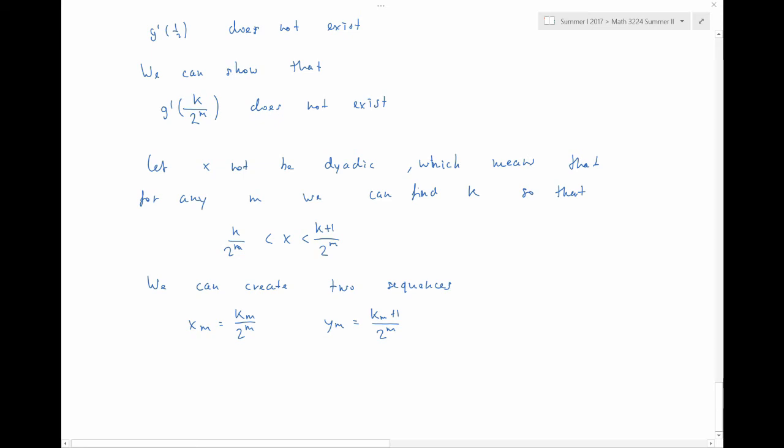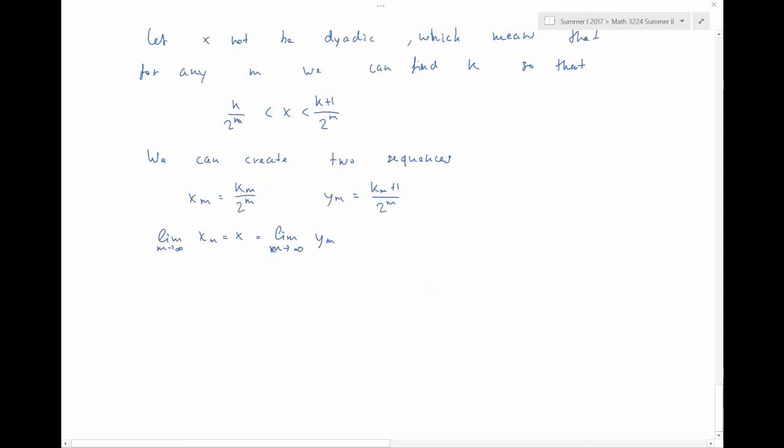Both sequences will converge to x. And so now the question is, what is the limit of g of y sub m minus g of x sub m divided by y sub m minus x sub m?